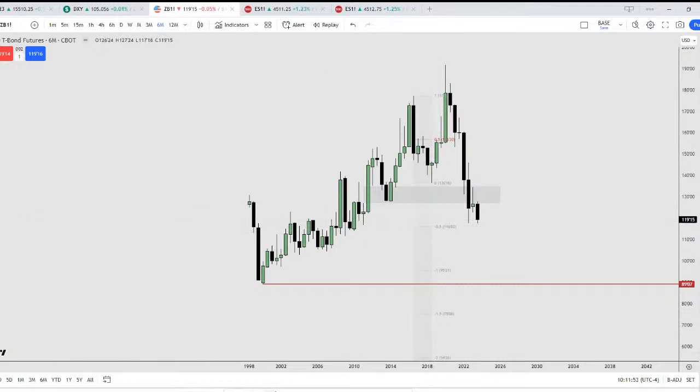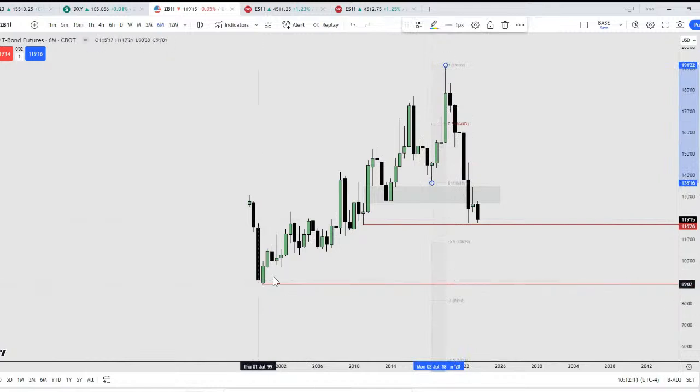So how much is the low here? 11626. And then I want to see if it wants to further extend lower into the 1 and then 1.5. But so far, this seems to be the most optimal target for bonds.